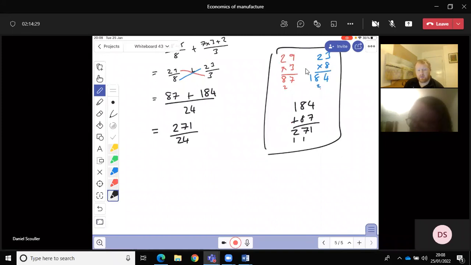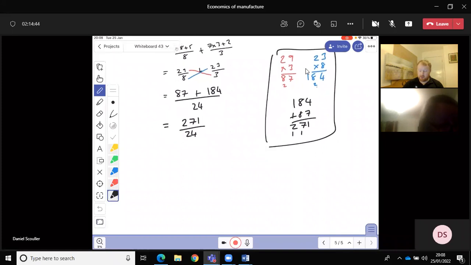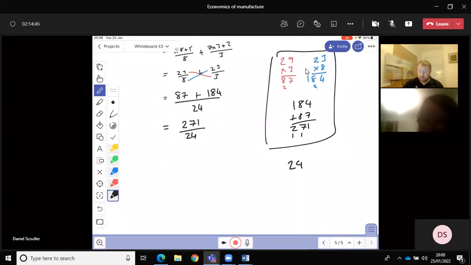So we'll get something silly like this: 271 divided by 24. There's no obvious way I can see of simplifying that down. So I want to see how many 24s go into 271. Now I could go through my 24 times table and write down every single 24, so 24, 48, all the way down until I pass 271.